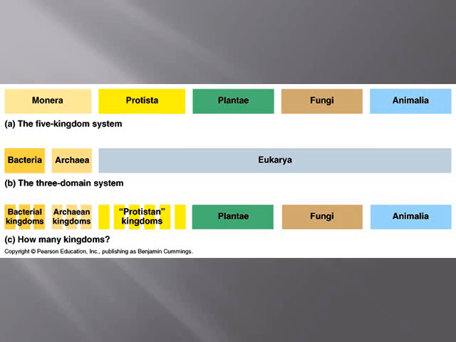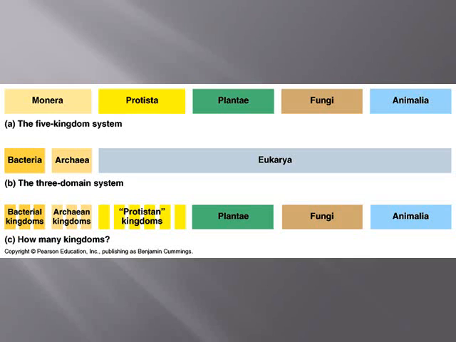Look where in A, where it says Monera, that's the old system. Okay, so if you look at an old book, or maybe you've seen some old stuff, it might use that name. That in modern times, with the development of superior genetic techniques, has been divided into the bacterial kingdom and the archaebacteria kingdom. So now those are separate.